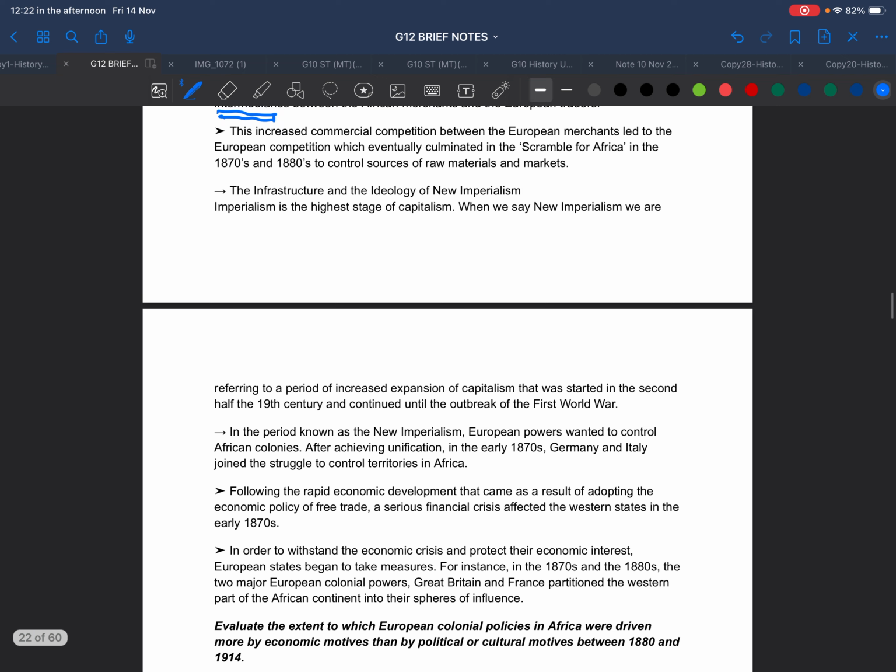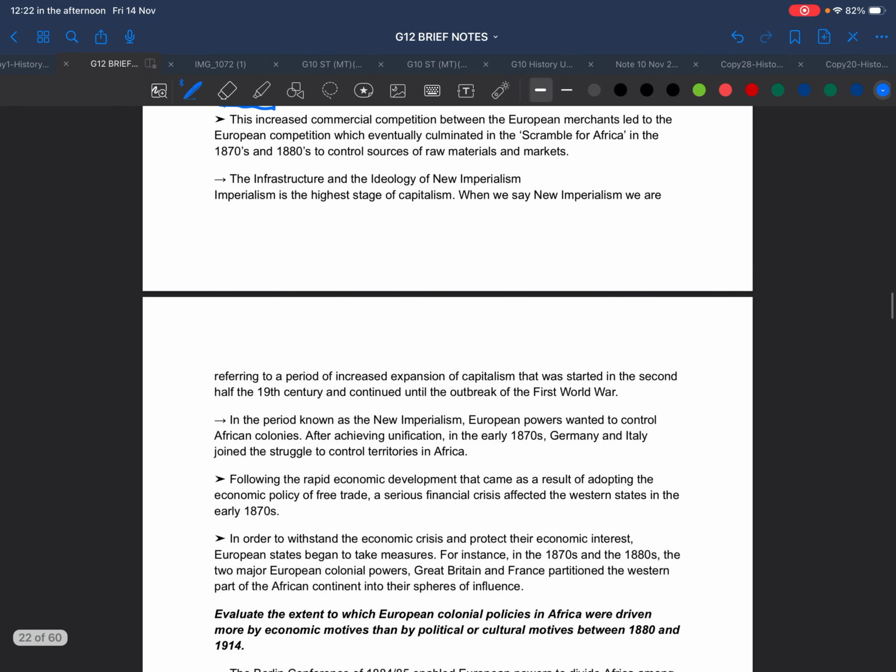This increased commercial competition between the European merchants led to European rivalry, which eventually culminated in the scramble for Africa in the 1870s and 1880s to control sources of raw materials and markets.